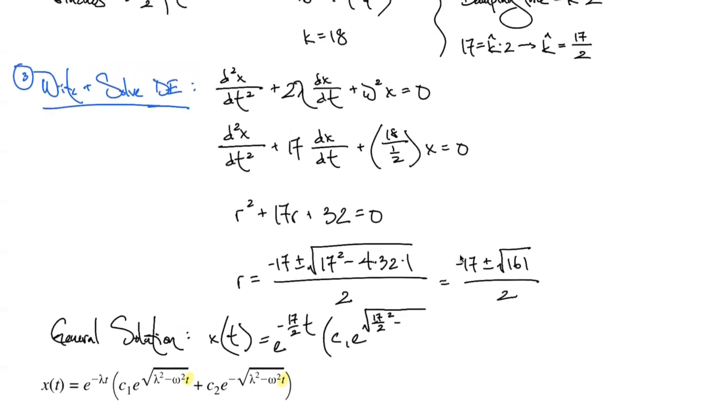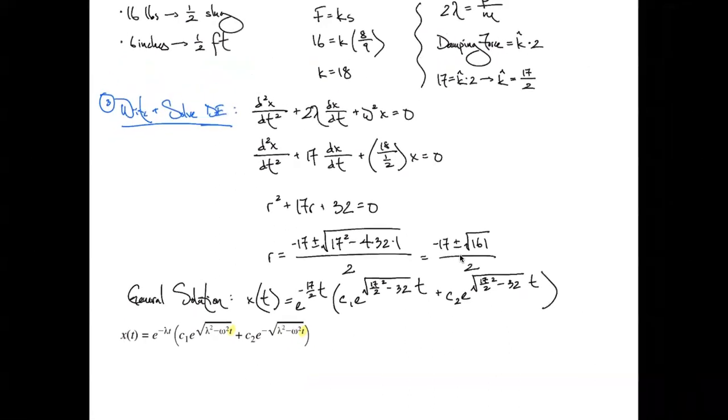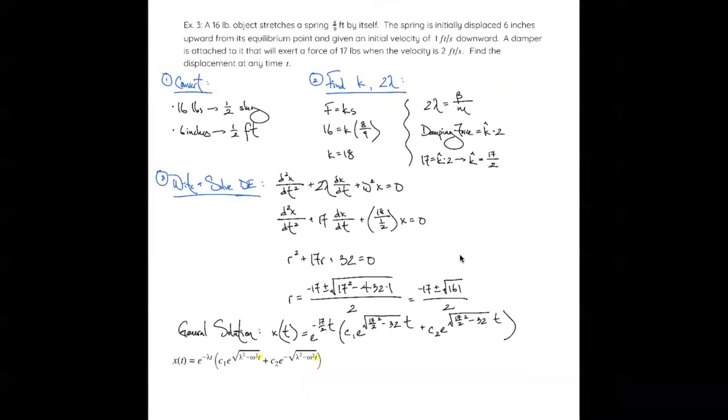We had 32 for our omega squared, so 32. And the t, remember, is on the outside of that square root, right? So it is not on the inside. Plus C2 e to that same lambda squared minus omega squared. Right? And so we can say that this is our general solution here, okay?